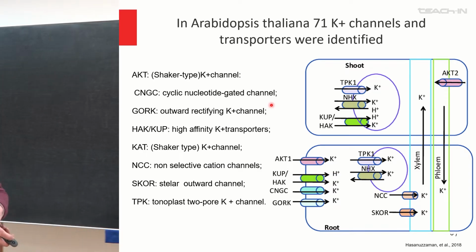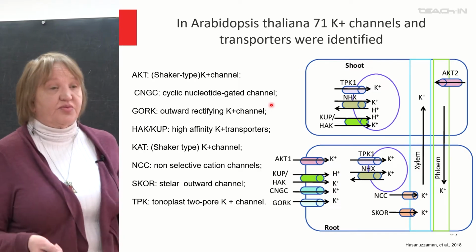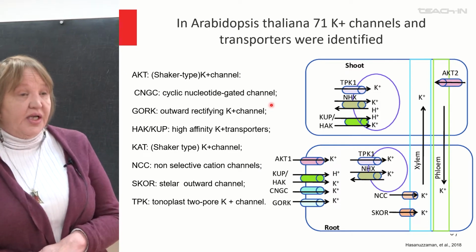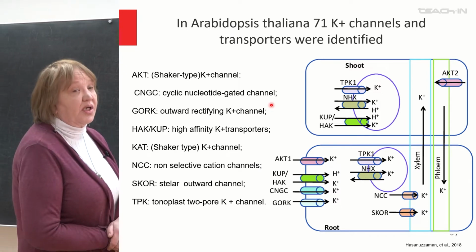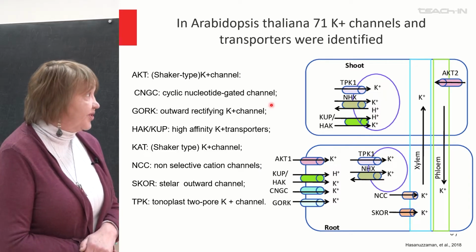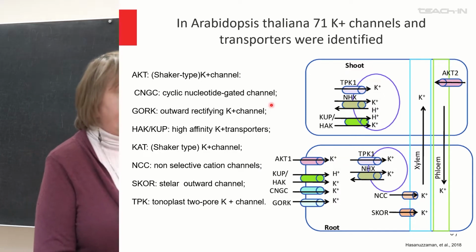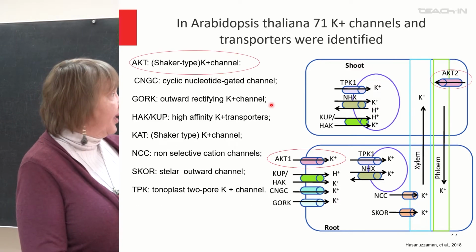So there are 71 potassium channels and transporters. They were identified quite a bit, and we will talk a little bit about the families of transporters. AKT is a so-called shaker type potassium channel.